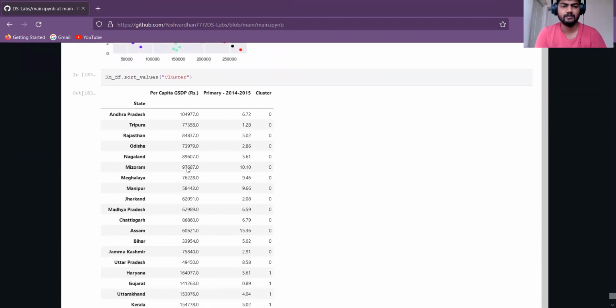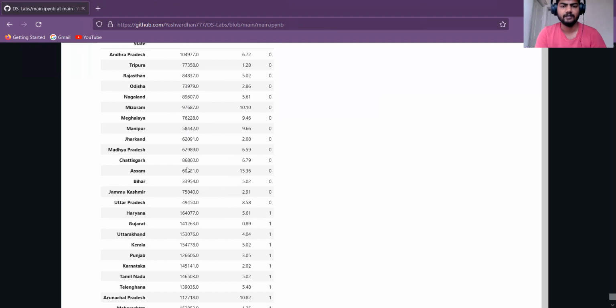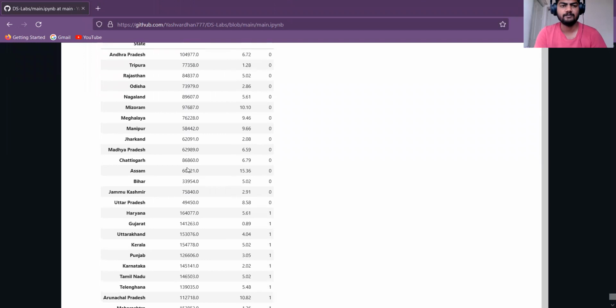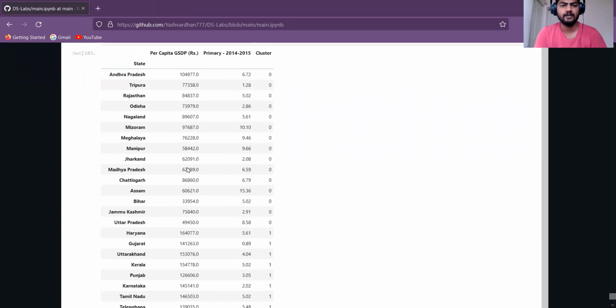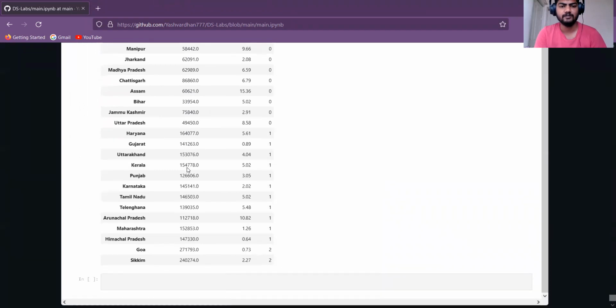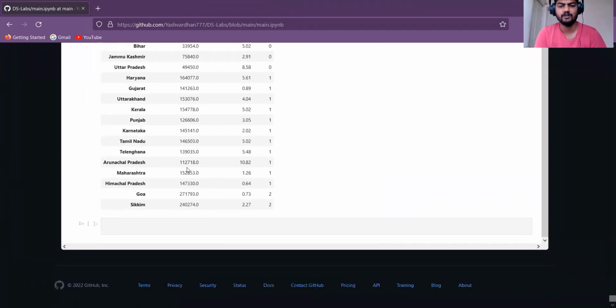We sorted the values on the basis of the cluster, and we found that some of the states such as Andhra Pradesh, Tripura, Rajasthan, Odisha, etc. belong to one cluster, Haryana, Gujarat, Uttarakhand belong to another cluster, and Goa, Sikkim belong to another cluster.